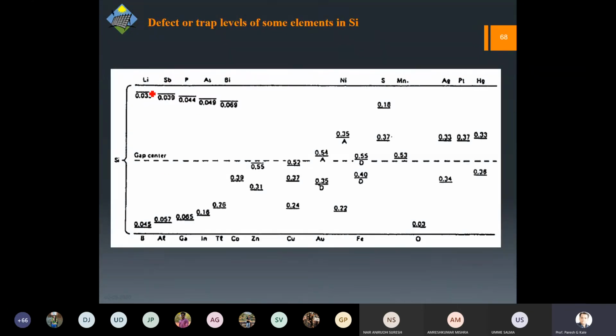In silicon, boron, aluminium, phosphorus and antimony are all the good ones because we can use them for doping. Whereas copper, gold, silver and so on sit in between, at about 0.2, 0.5 to 0.53, because the gap is 1.1, so the mid level comes out to be 0.5.